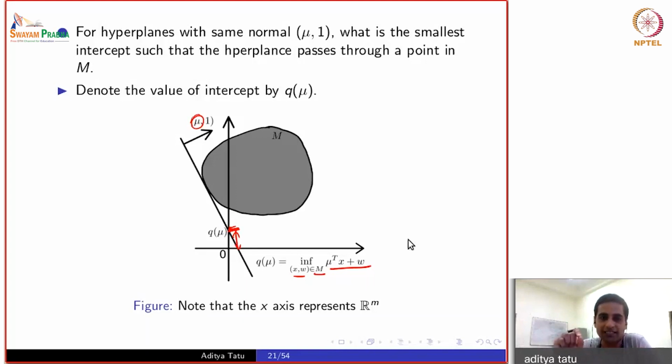The only condition is that the hyperplane should intersect with at least one point in this set M. Then why should you slide this plane? Because you would want to minimize this intercept value. Make sense or no? Please don't try to think of how this is related to the optimization problem as of now. This problem in geometry itself, I hope, is clear.